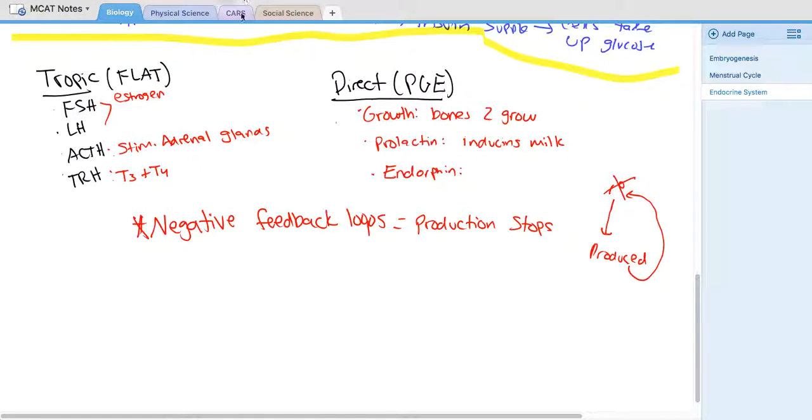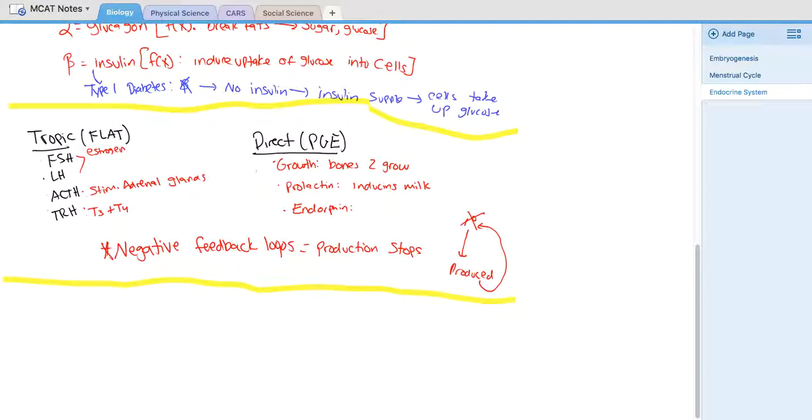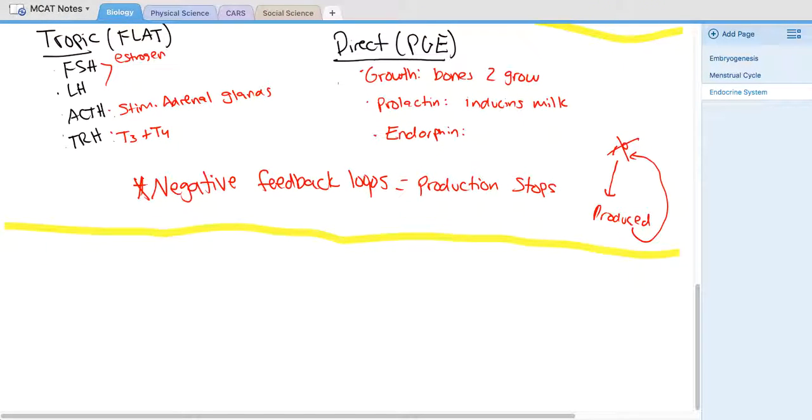All right, now we're going to talk about the different types of hormone classes. There's going to be three different types.